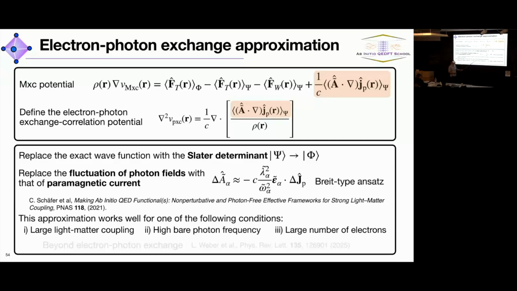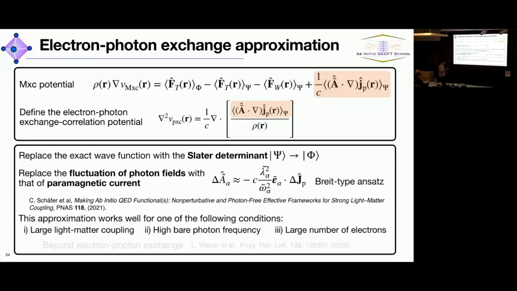Also high photon frequency will work well, and also if you have many electrons inside the whole system, then it will also work well. There's another approach from Simone and other people. They start from the Pauli-Fierz Hamiltonian and do a high-frequency expansion, and they can also get this kind of expression.